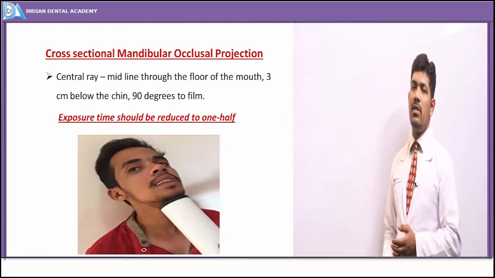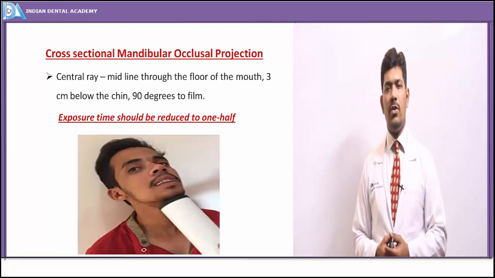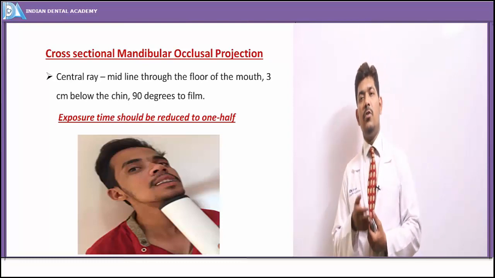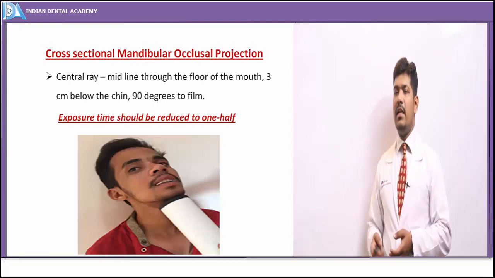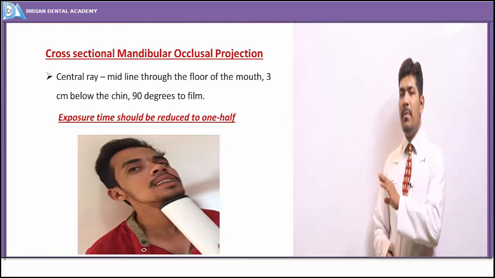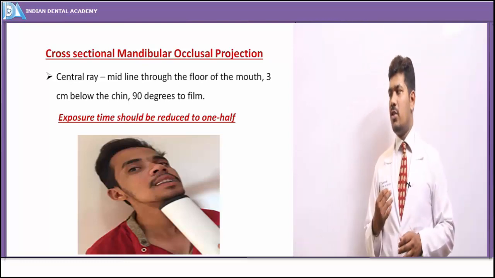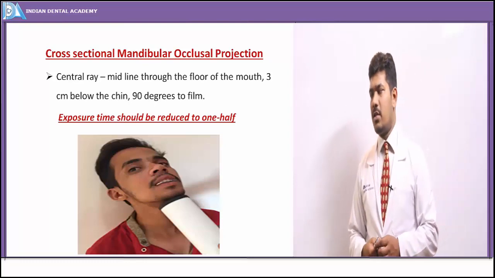So here, because the projection is through the floor of the mouth, hardly any bony structures over there, it is all soft tissue, so thereby the exposure time is reduced to 1/2 of the normal exposure time, and the central ray basically passes to the midline through the floor of the mouth 3 centimeters below the chin and 90 degrees obviously to the film, because it is a cross-sectional projection.